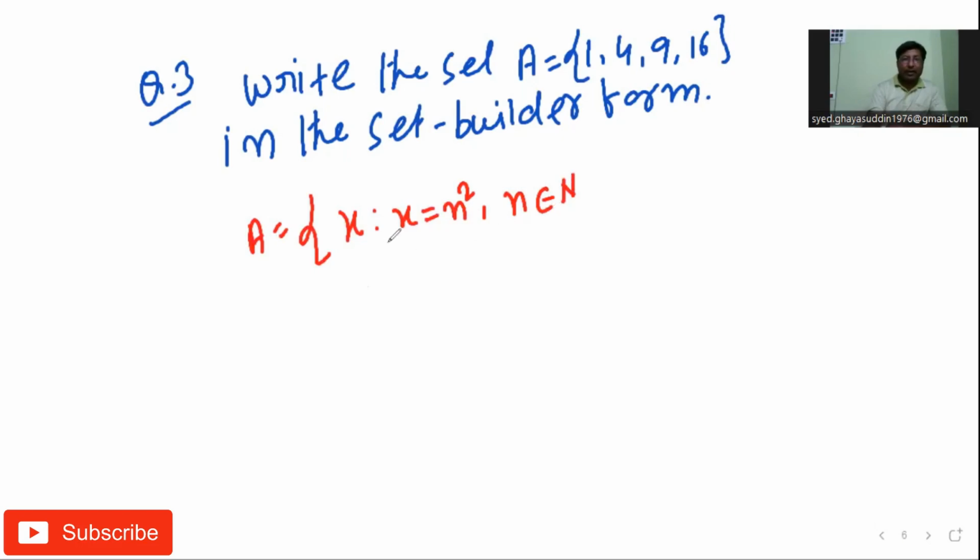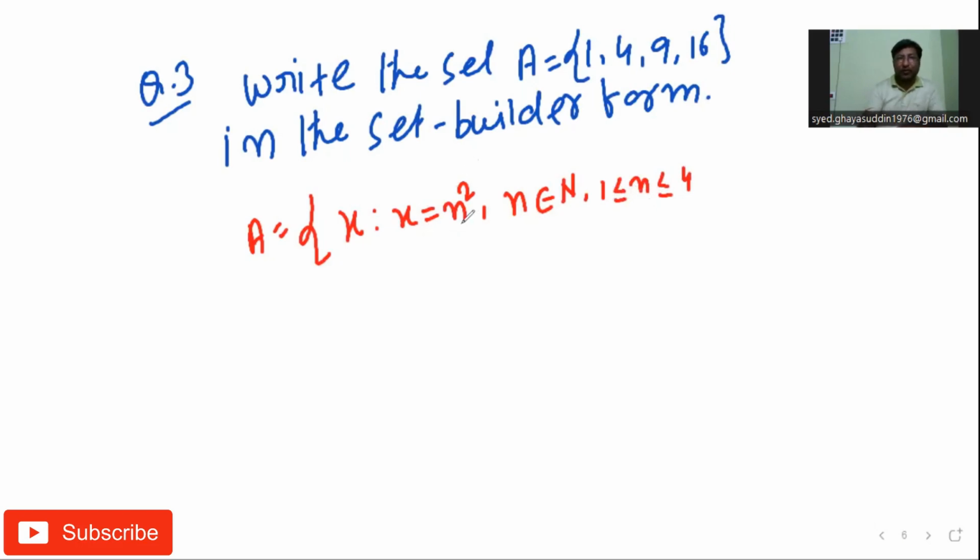natural numbers, and 1 ≤ n ≤ 4}, because 1 squared is 1. So 1 ≤ n ≤ 4, so n lies between 1 and 4.